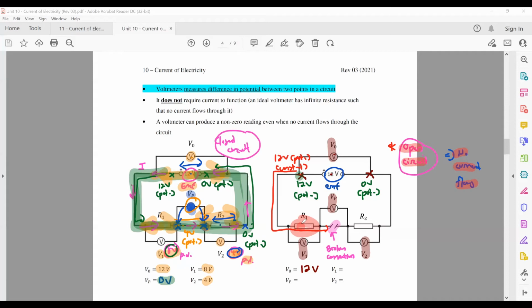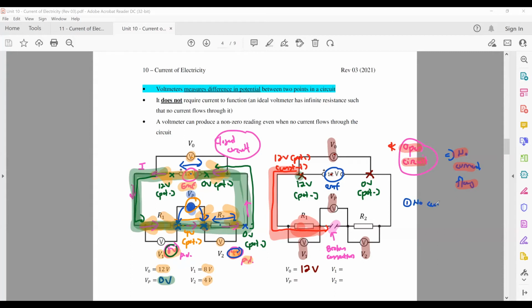Since there's no conversion of electrical energy to other forms, your potential should remain constant. That's why we say across your resistor the potential remains constant. Maybe I better just write it here.